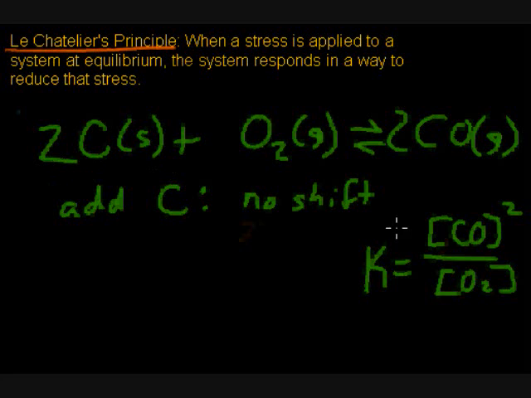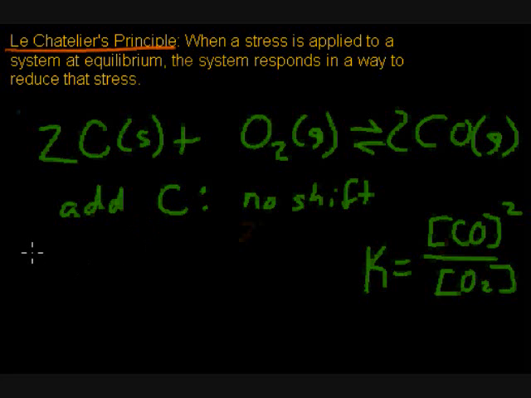Notice carbon's not in there anywhere, because it's a solid. And so because carbon's not in the equilibrium expression, carbon does not affect the equilibrium. So adding carbon does not shift the equilibrium because it's a solid. Same thing with liquids. Adding a liquid would not shift equilibrium.